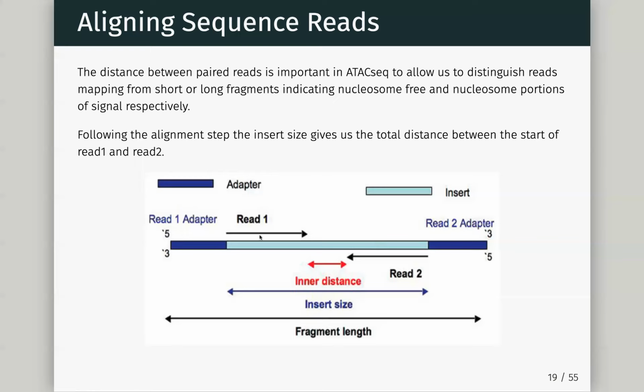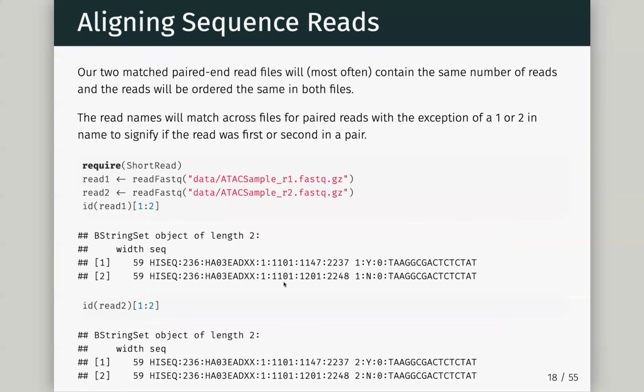Just the read 1. So it's this. That bit in black here, that's what we're reporting for our first read. And then the second read will report this, going this way, but backwards. These are the read names, right?